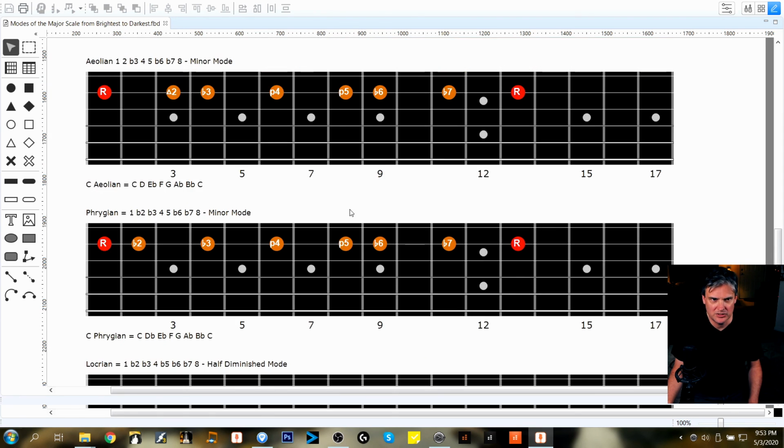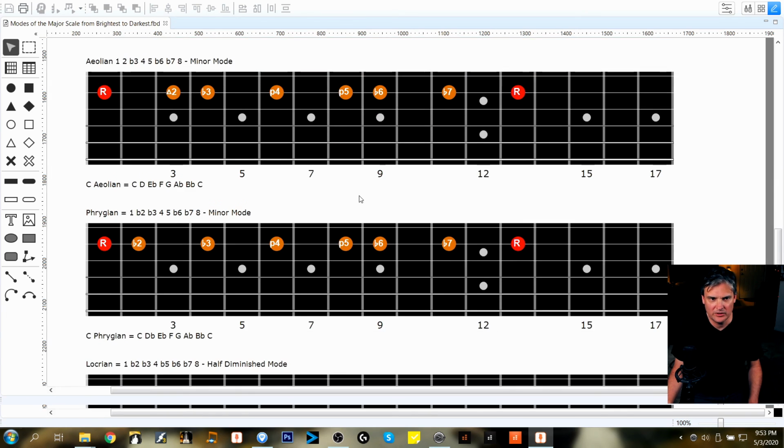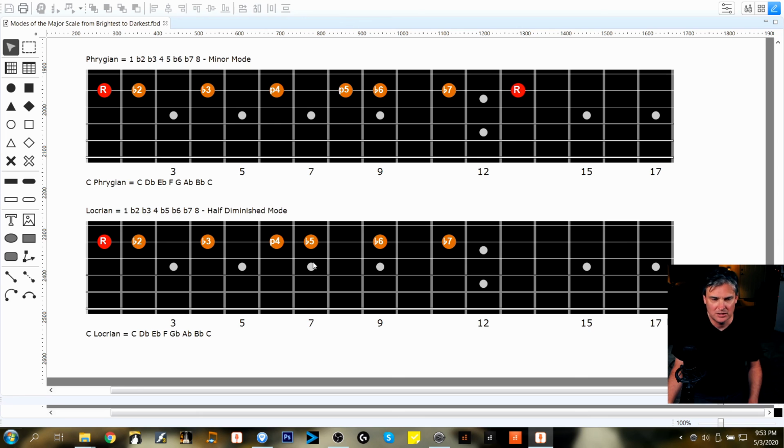Okay, if you look at the Phrygian, the Aeolian, the Dorian, they all have perfect fifths, but the Locrian is the only one with a diminished fifth. Okay, and another thing, again, Locrian is just like the Phrygian mode. Okay, it has a flat 2, it has a flat 3, it has the flat 6 and a flat 7, but it has a diminished fifth.